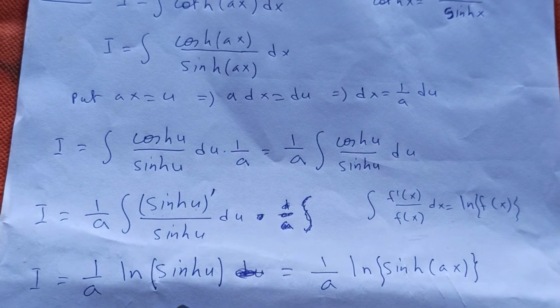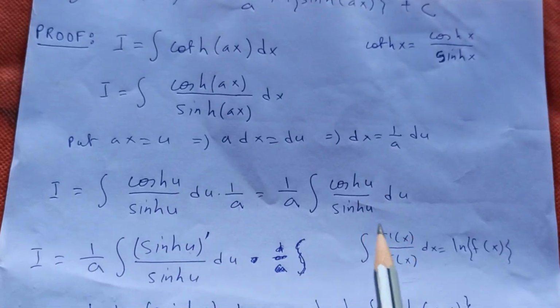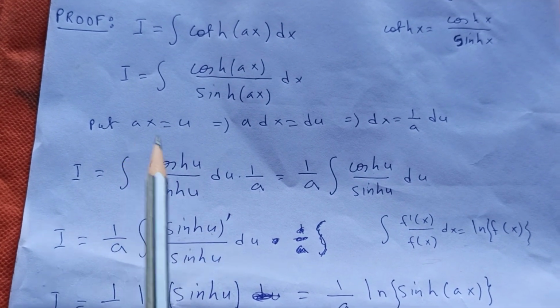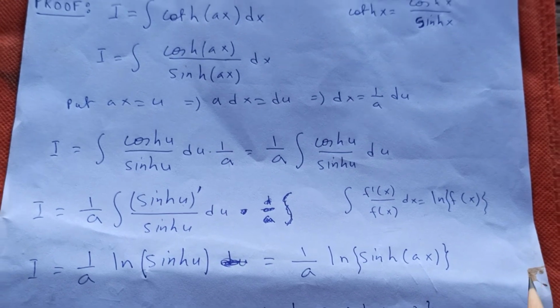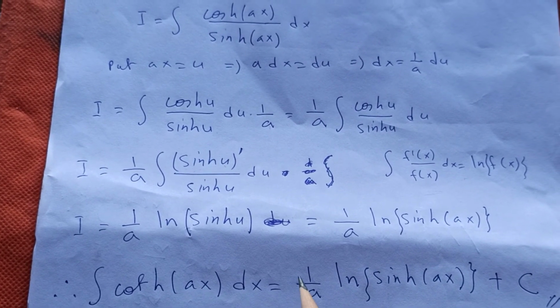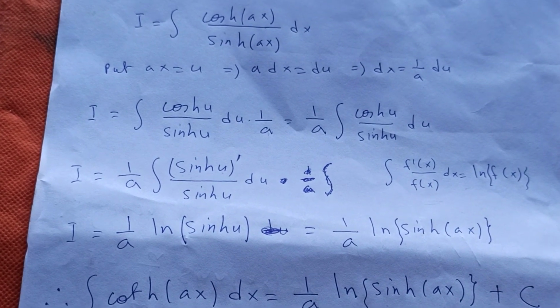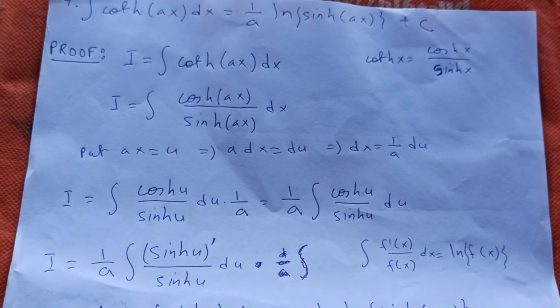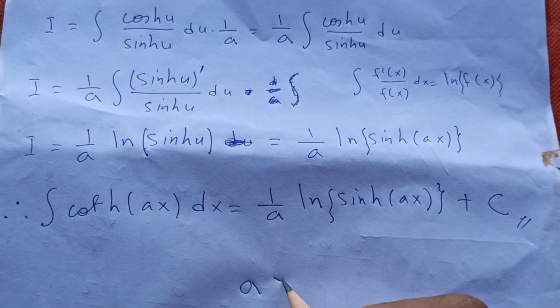We don't want u, we are in x, so just substitute back: u is ax. So 1 upon a natural log of sine hyperbolic of ax. So our integral of cot hyperbolic of ax is 1 upon a natural log of sine hyperbolic of ax plus the constant of integration. Always remember that in this case, a is always greater than 0.